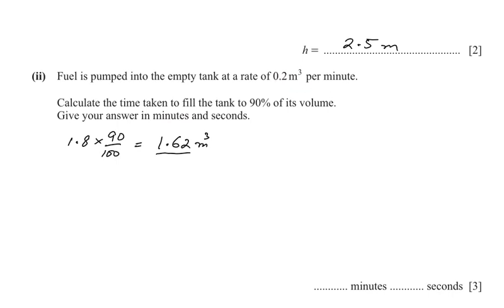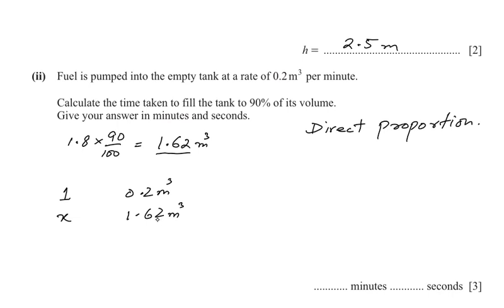meters cube per minute. Now consider that it is a question of proportions, where we are dealing with direct variation or direct proportion. If 0.2 meters cube is filled in 1 minute, then what time will it take to fill 1.62 meters cube, because we have to find the time for 90% of the volume.